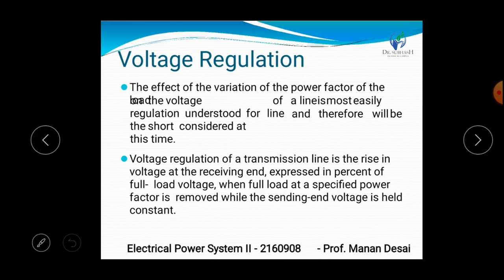The effect of variation of the power factor of the load is most easily understood for the short transmission line, and therefore it is considered at this time. We have to consider the power factor variation in a short transmission line because different types of power factor have different regulations.